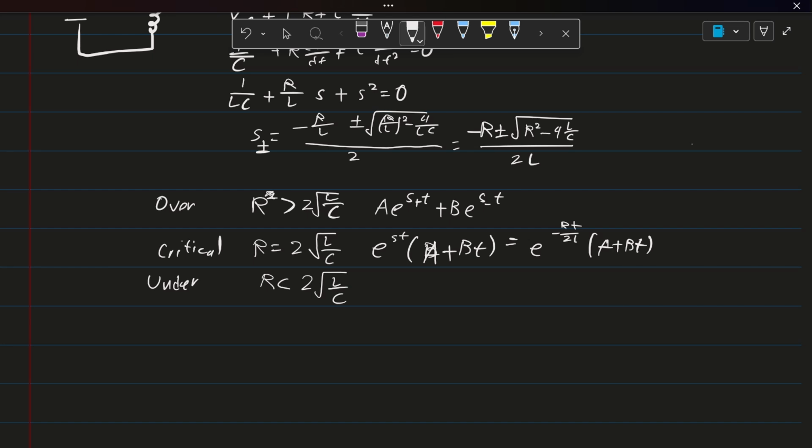And for the underdamped, what you would get is a times cosine of omega t plus phi, in which your omega will be the square root of 4L over C minus R squared, over 2L. And this thing is multiplied by e to the power of negative R over 2L t.